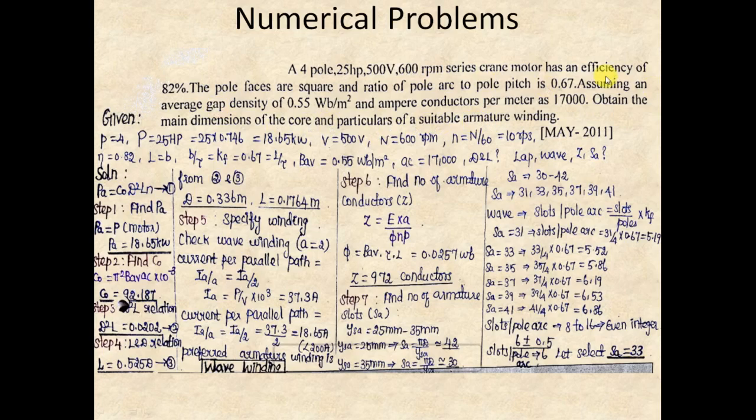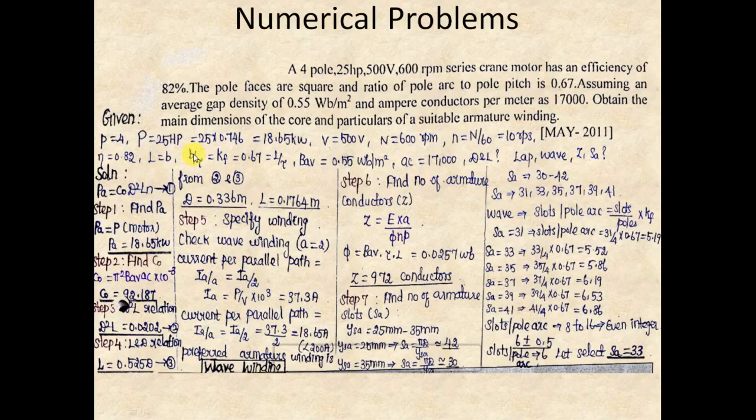It's very clearly given that the pole faces are square in shape. That means L is equal to b, that is, the value of pole arc is the same as the length of the machine, and the ratio b by tau is given as 0.67.